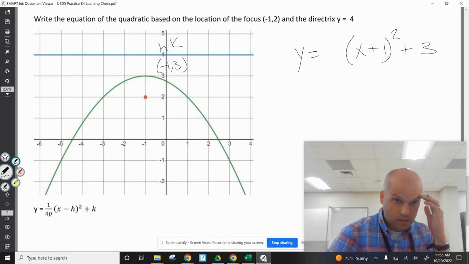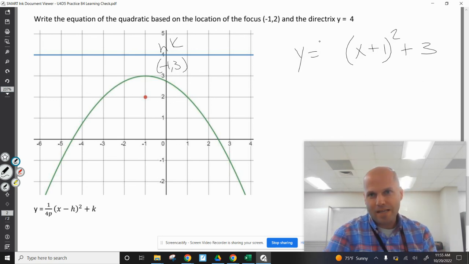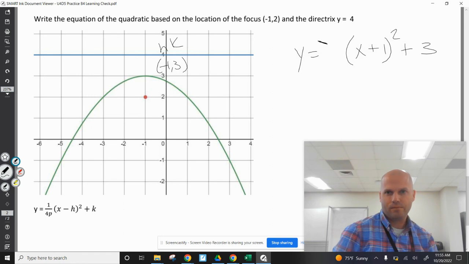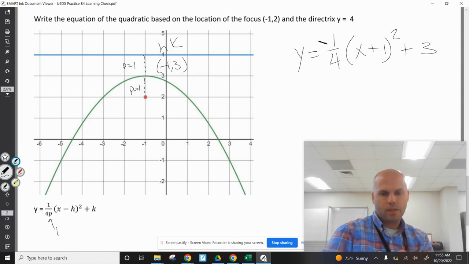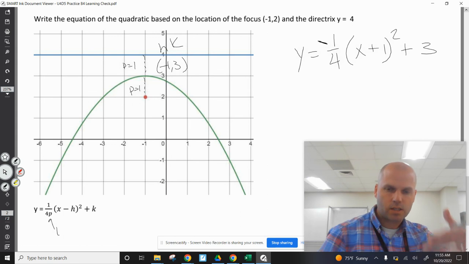We've talked about this. I know it opens down, so I have to go negative. You could say p is -1, but you know opening down means negative. What is p? What is this distance? That's 1. Put a 1 right there. Boom, you're done. Guys, it's easy. You can do this.